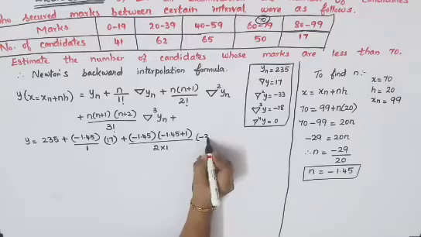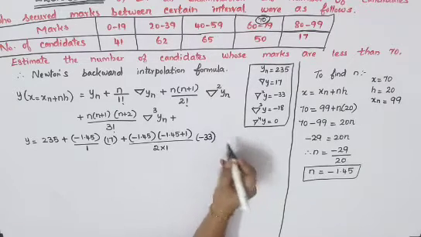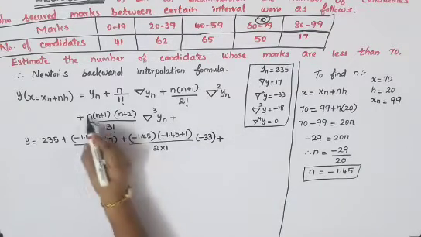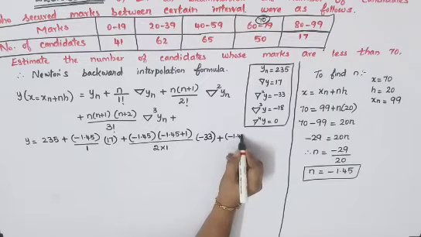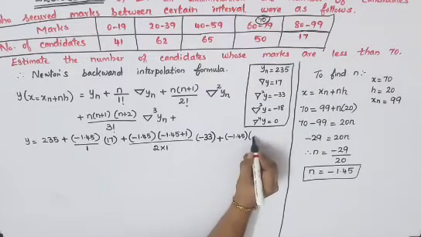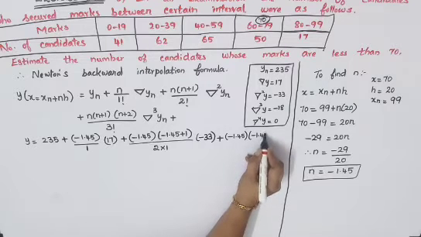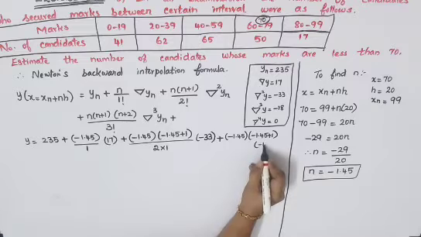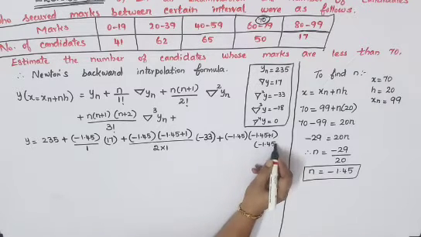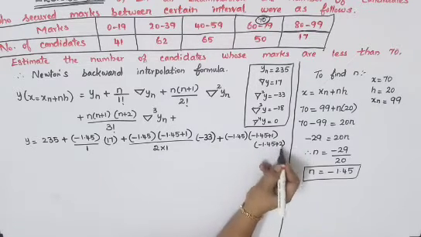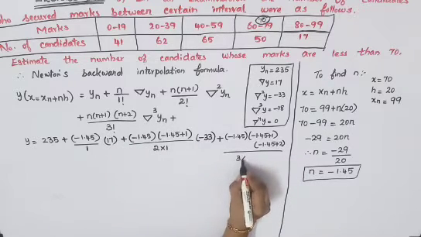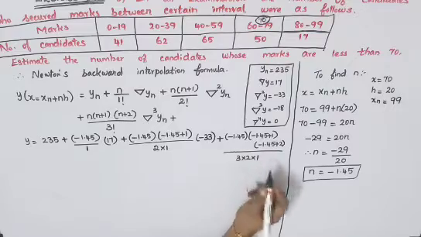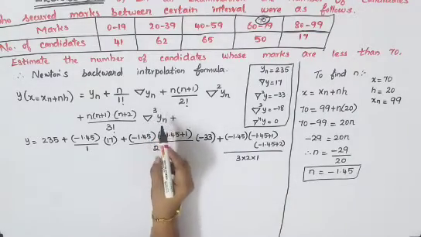Then plus n into n plus 1, so minus 1.45 into minus 1.45 plus 1 into minus 1.45 plus 2, divided by 3 factorial, so 3 into 2 into 1, into nabla cube yn.